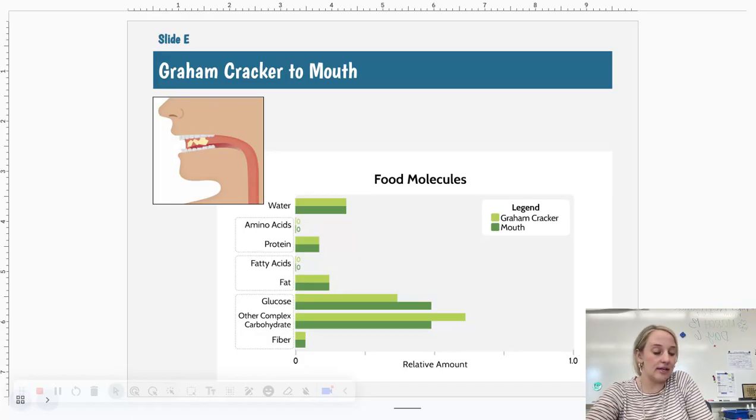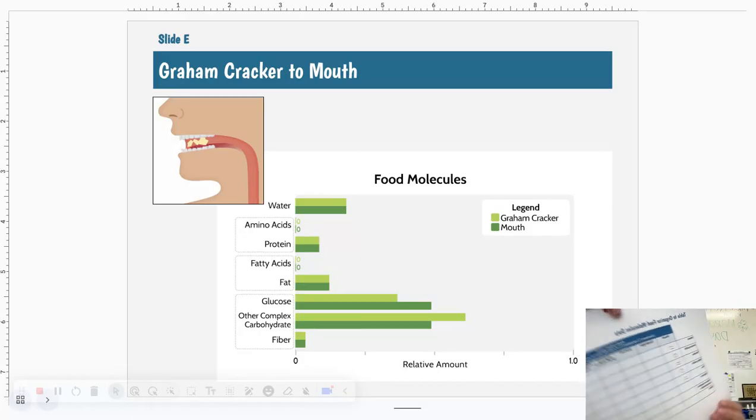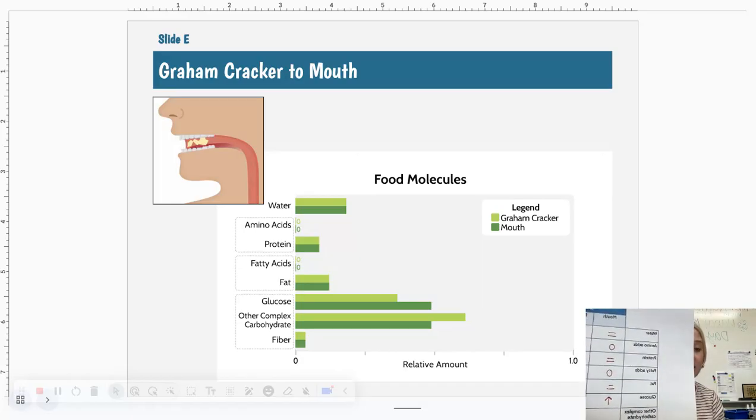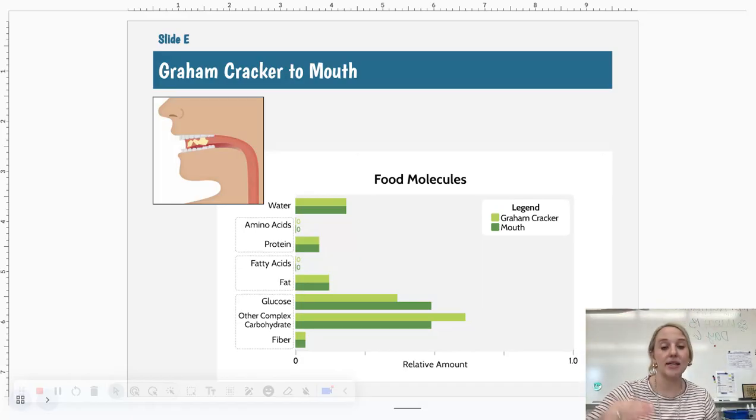Increase, decrease, stay the same, or 0? Glucose. Increase, decrease, stay the same, or 0? If you said increase, that's correct, because if I compare the light green bar to the dark green bar, the bar got bigger. That means it increased.